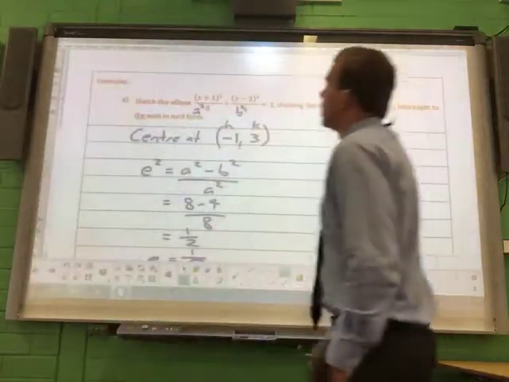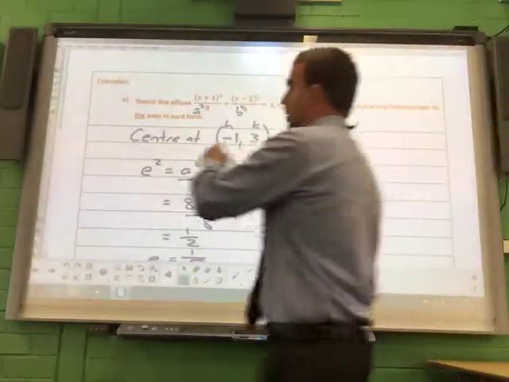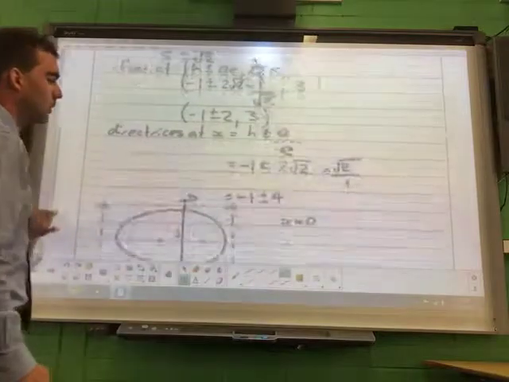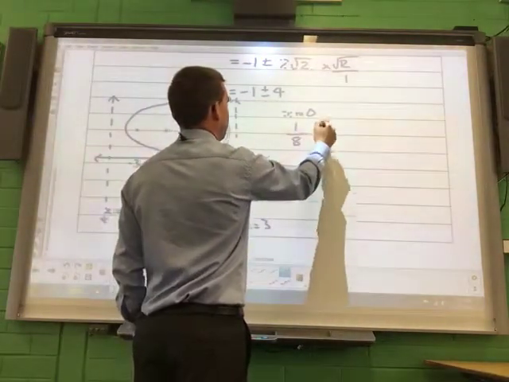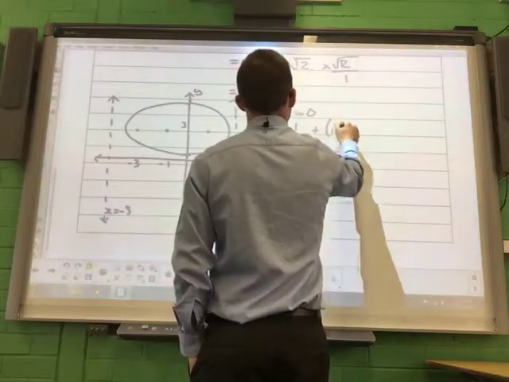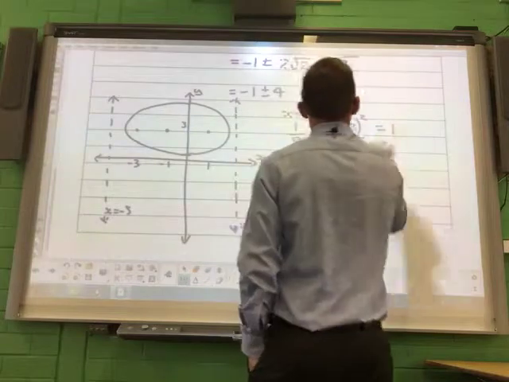So we've got x plus 1 all squared over 8, plus y take away 3 all squared over 4 is equal to 1. So we're going to substitute 0 in for x, so we're going to have an 8. Okay, and then solve for y.